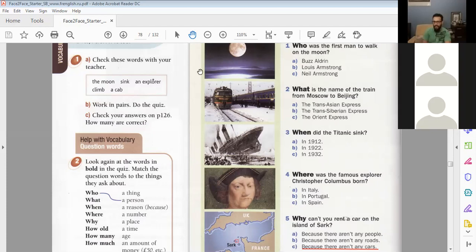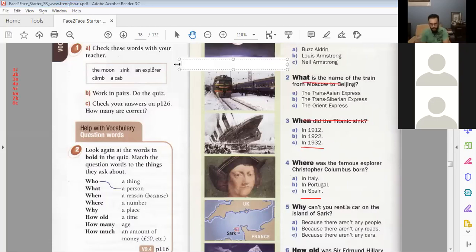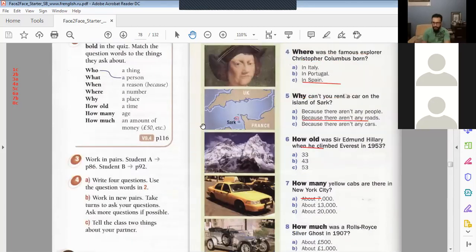Let's check the answer to the next question. Okay, so let's check number 6 and number 7. So the question here is how old was Edmund Hillary? It says that he was number 5C.